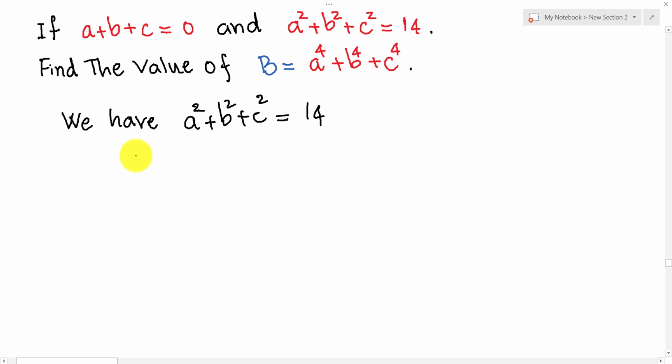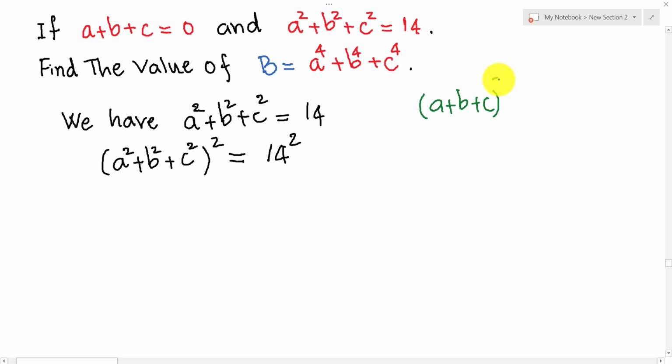Now I get (a square plus b square plus c square) all squared equals 14 square. And here we use the rule (a plus b plus c) all squared equals a square plus b square plus c square plus 2ab plus 2bc plus 2ac.